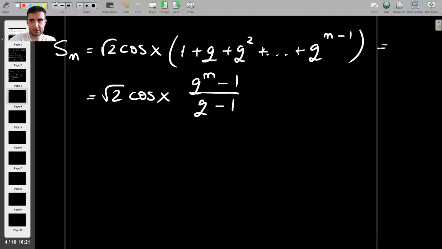And for this to converge, we must have q between 1 and −1. That's the condition of convergence of this infinite sum, basically.